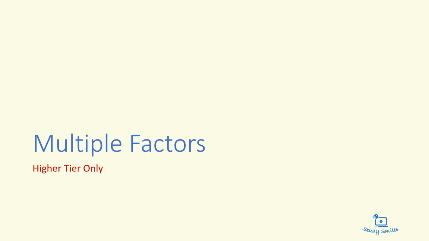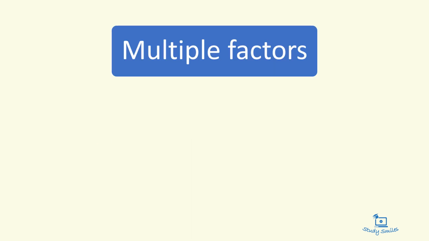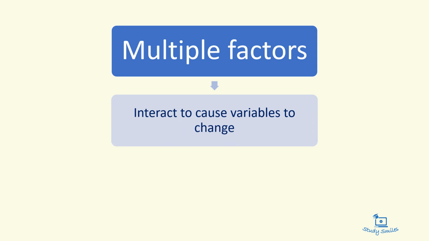So now we're going to move on to consider the impact of multiple factors. As mentioned, this area of the syllabus is only applicable to the higher tier. When we talk about multiple factors in relation to correlation, it is where there are multiple factors that interact to cause variables to change.